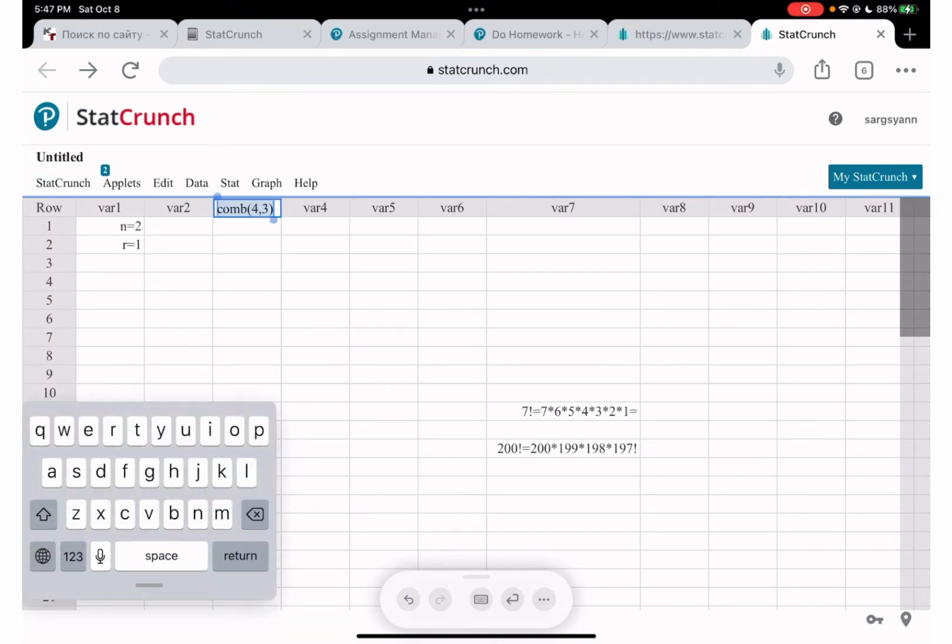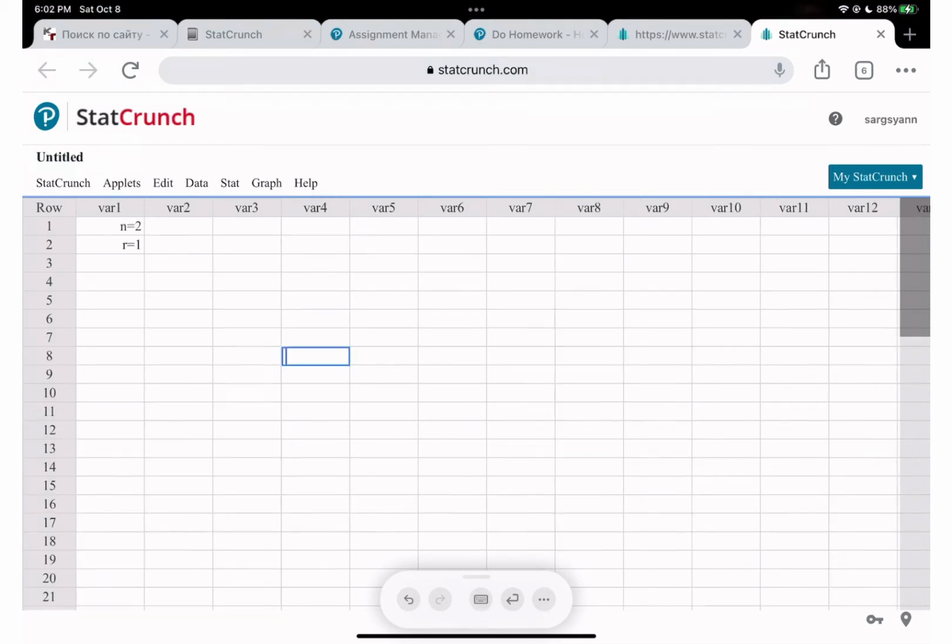Now this one also let me delete. Okay, so I placed N equal to 2, R equal to 1.